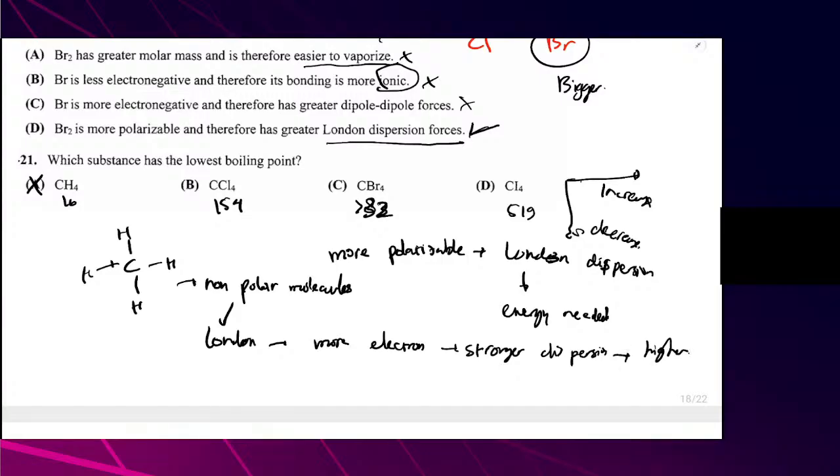Because CH4 is the lighter molecule, it has the weakest intermolecular force, so it has the lowest boiling point.